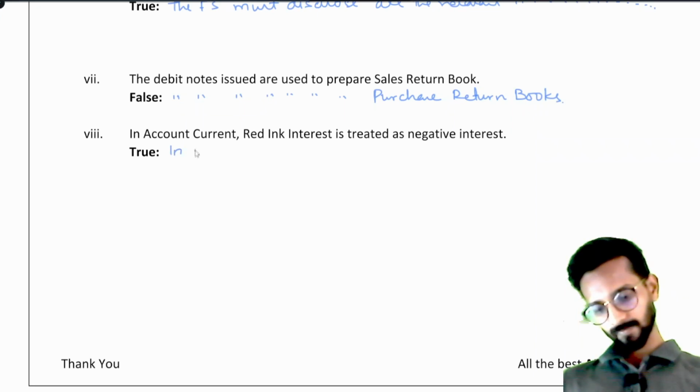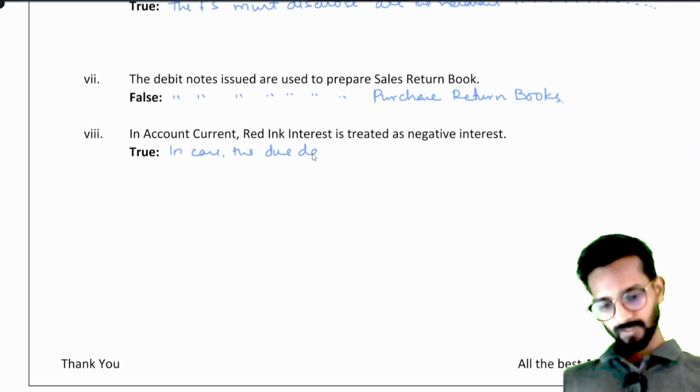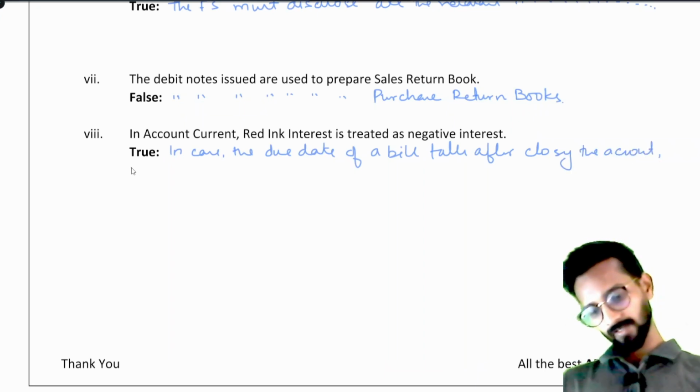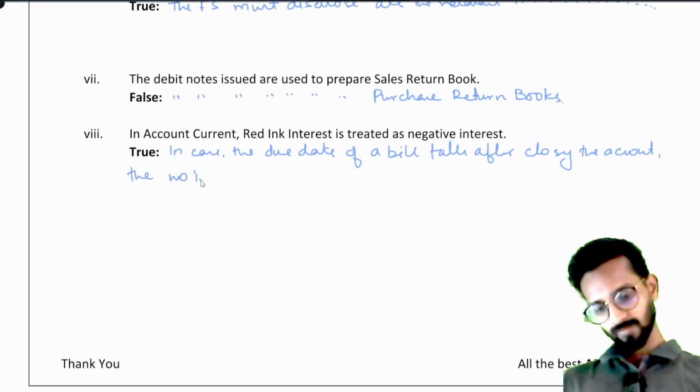In case the due date of a bill, we have already written it, of a bill falls after closing the account, then no interest is allowed for that period.